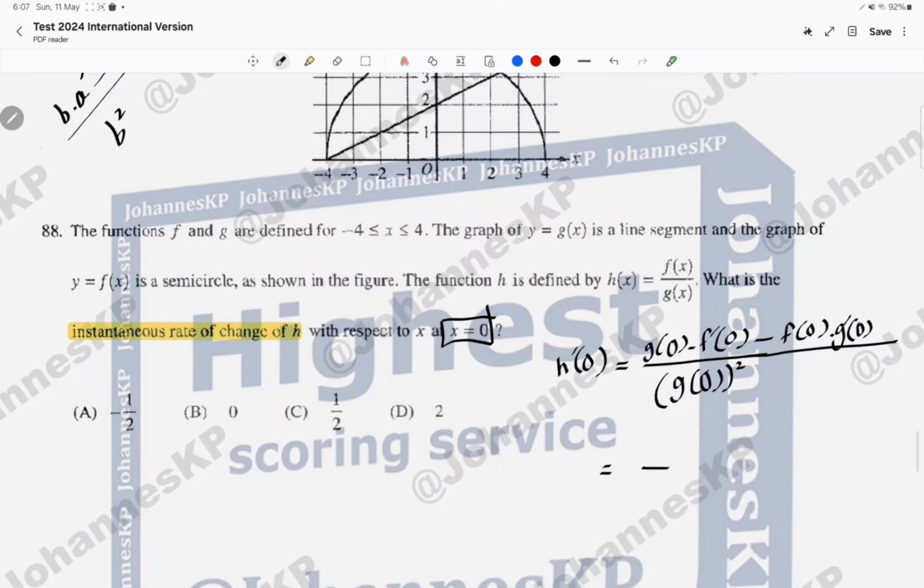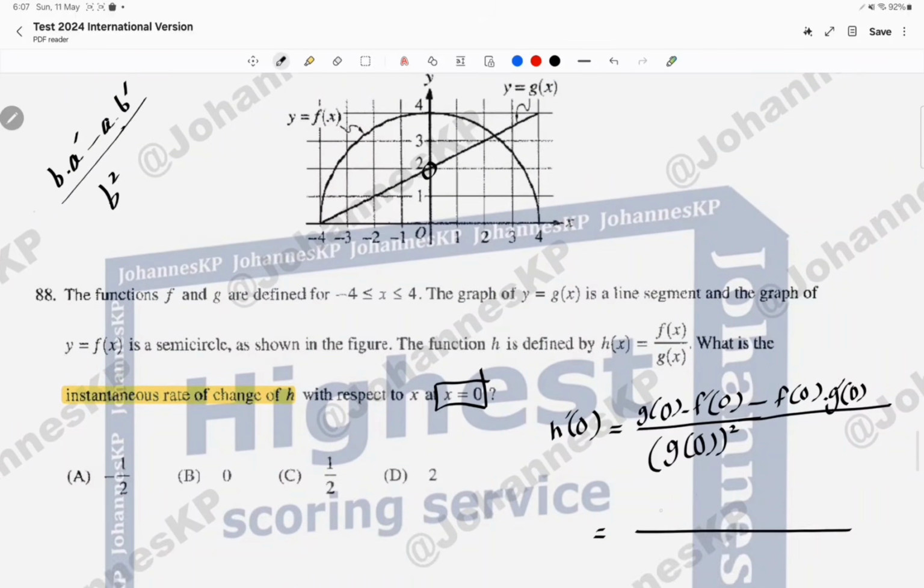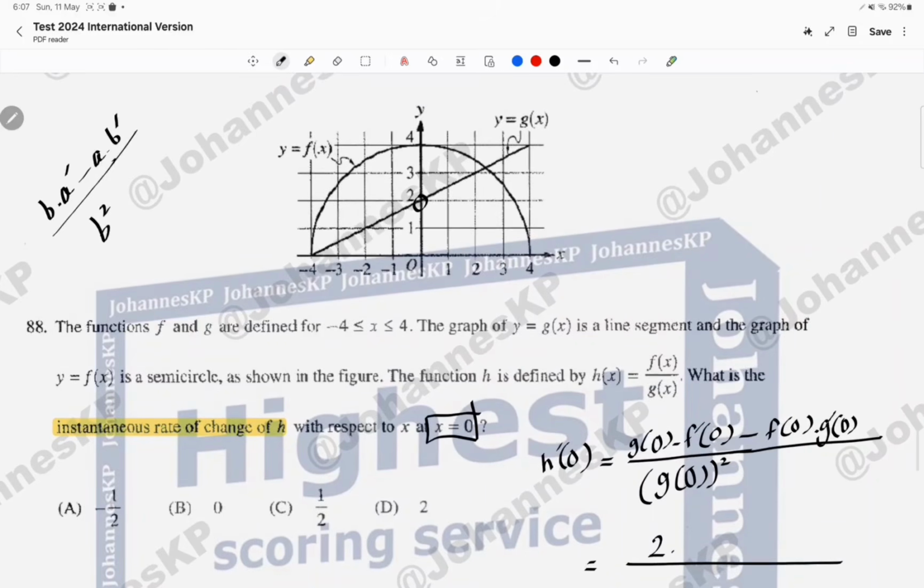Okay, now g of 0 would be 2. F prime of 0 would be the slope at 0, which is a horizontal line, correct? Yes. So 0. F of 0, when x is 0, what's f? It's 4.